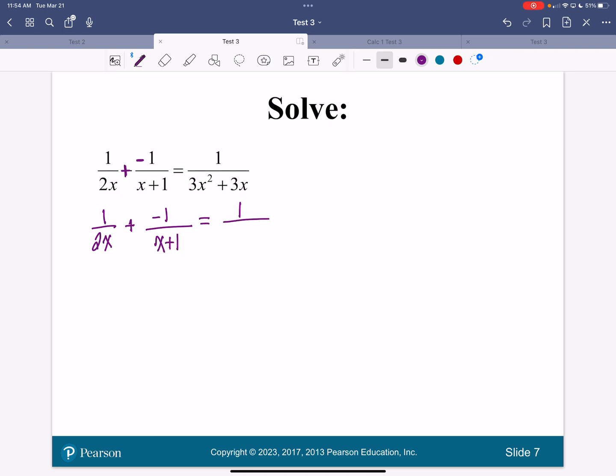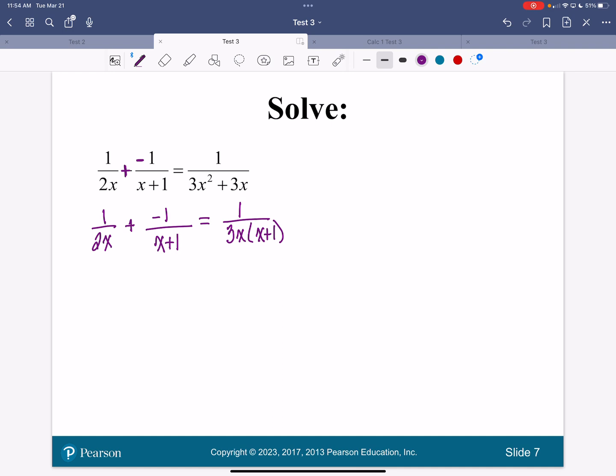Now, this does factor. I can take a GCF out of that. What does that factor to? 3x, and then I'm left with what? X plus 1. Excellent. Okay, now this is a little bit more manageable.